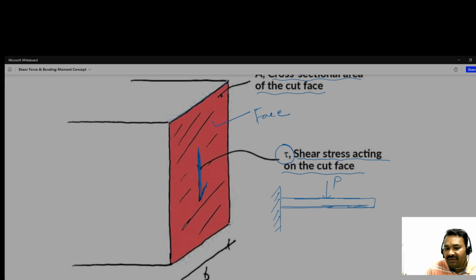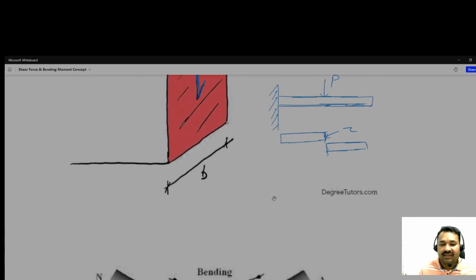So what it will try to do, it will try to cut the beam into two parts. On this surface the shear force is acting. The breakdown that happens because the parts slide against each other is known as the shear force.